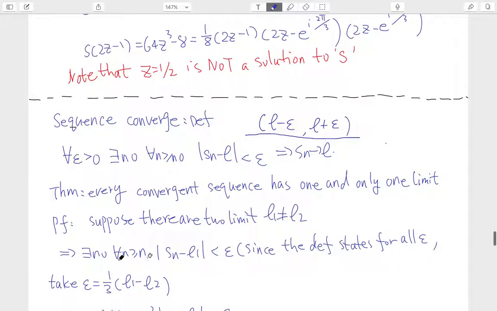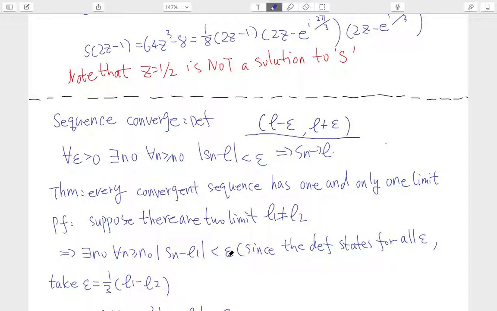This means that there exists an n0 such that for all n greater or equal to n0, the modulus of Sn minus L1 is less than epsilon for all epsilon greater than 0. This is precisely the definition. And then we can do something clever.